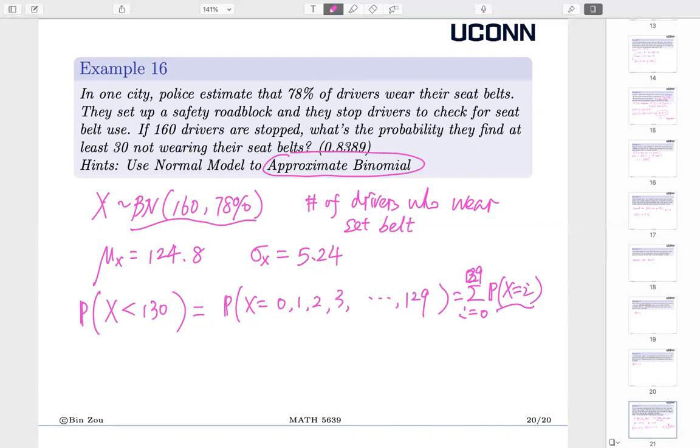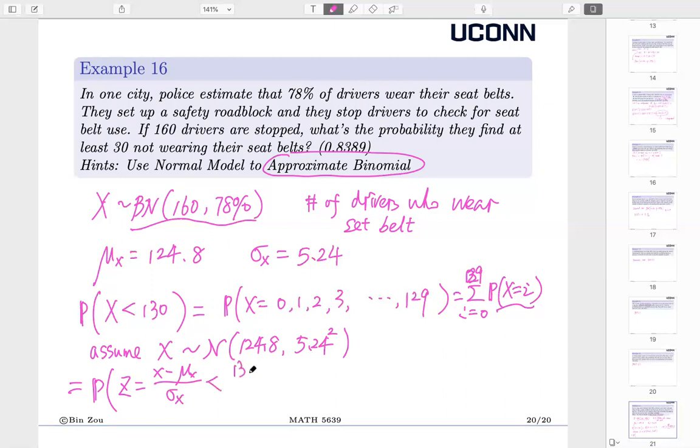So what we do is, from here, we assume x is close to a normal distribution with the given mean and the given variance. Okay, and once we have that, how do we calculate? We do the so-called standardization. We subtract the mean, divide by standard deviation.